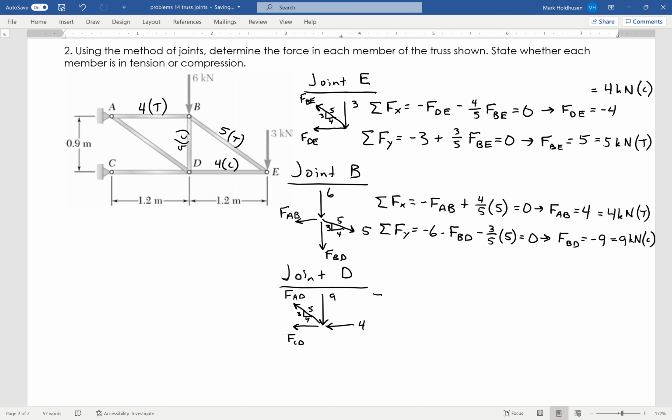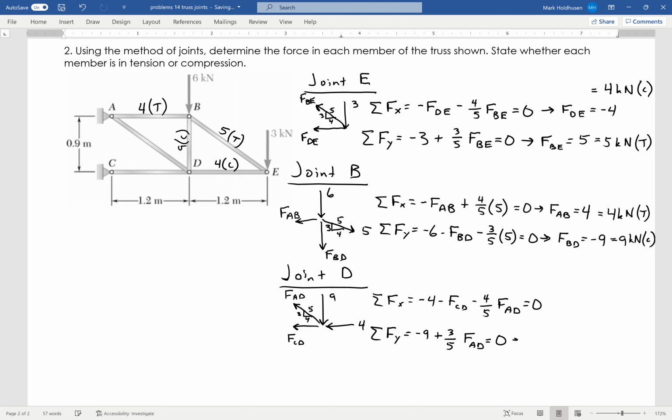So we say, okay, sum of the forces in the x direction. I have -4, negative FCD, and then -4/5 times FAD equals 0. Same thing in the y direction. I get -9 straight down, and then AD, 3/5 of it goes up.